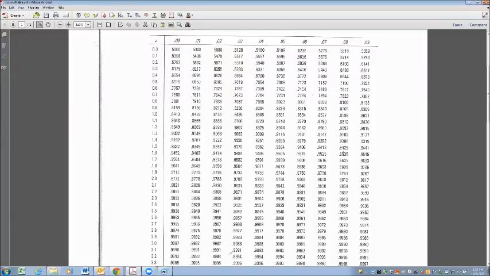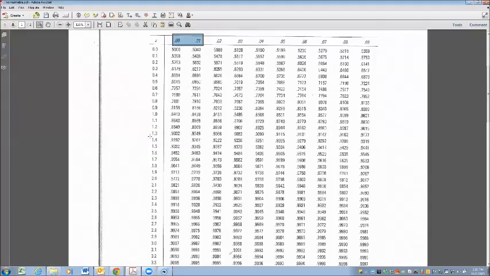Notice that there are 2 values that are about equidistant away. So since these are about the same distance from 0.92, I'm going to say that the z-score that goes with it is about halfway between these 2 values.